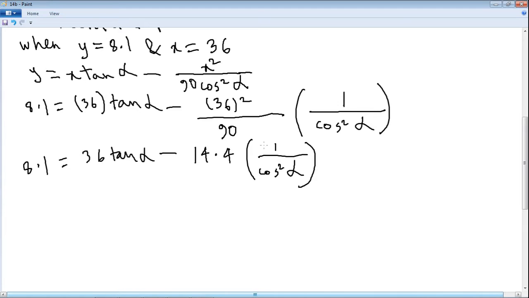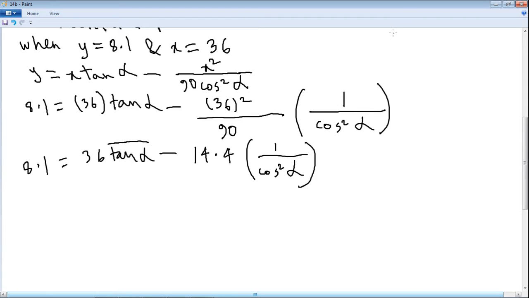So now our main thing is, to find tan alpha, we need to make this expression disappear.